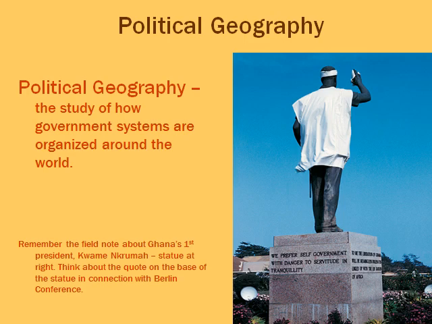We're gonna start off with a field note, which was about Ghana and the first president after independence. And the real emphasis of the field note is really the quote on the statue, which is, "We prefer self-government with danger to servitude and tranquility."